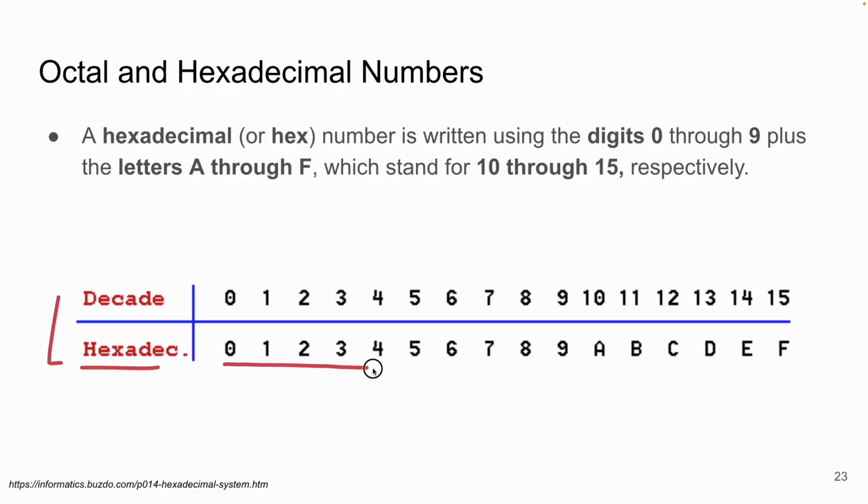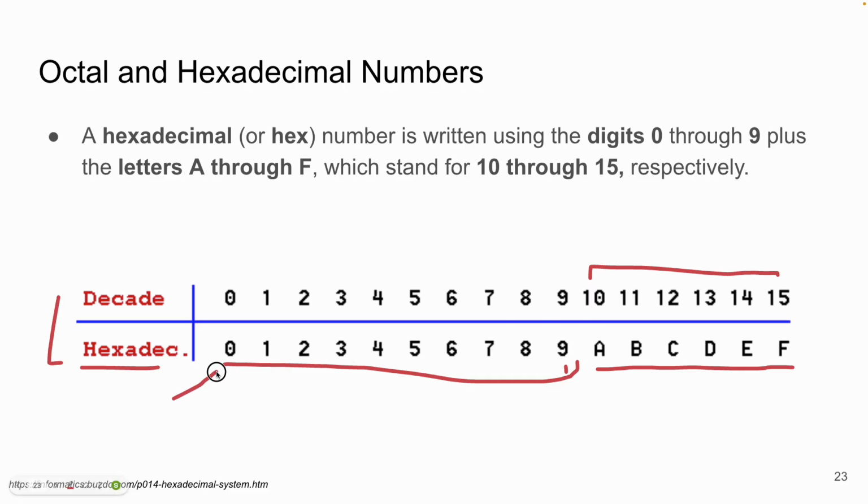You can see until 9, the hexadecimal number uses the same digits as the decimal number. However, for values larger than 9, hexadecimal uses the alphabet A to F to represent the numbers from 10 to 15. So these are the digits for the hexadecimal number.